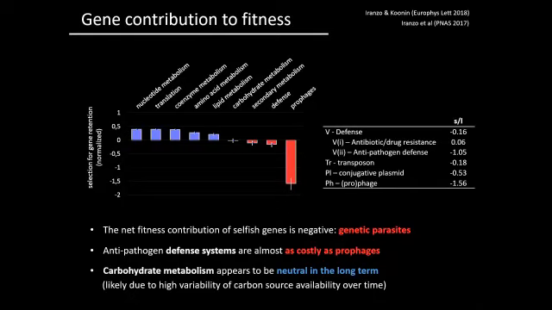And because the availability of fructose over long evolutionary times fluctuates, it makes those genes effectively neutral. So they don't tend to be conserved in the long term, and that's telling us something about how quickly bacteria adapt to the environment by gaining or losing the genes that they need or don't need anymore.